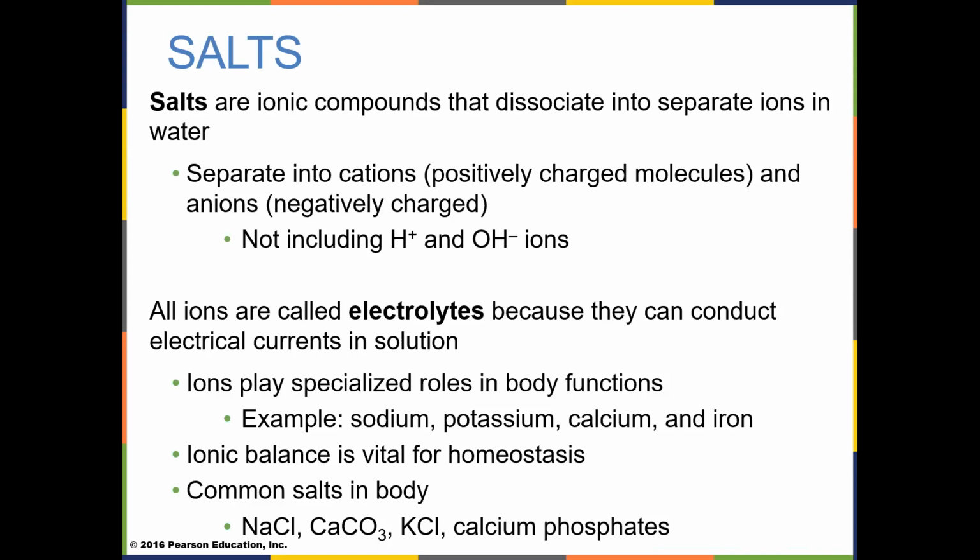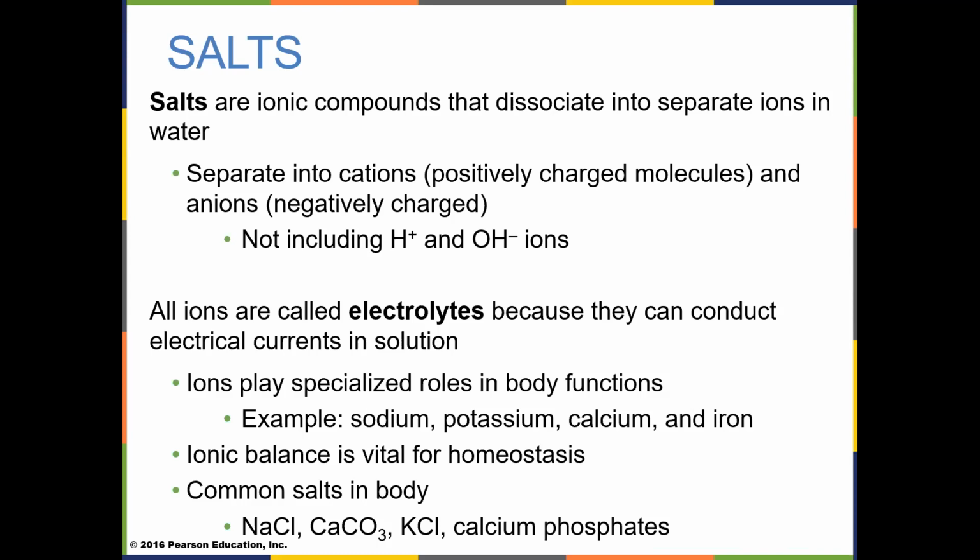Now, the most important ions in our bodies: sodium, potassium, calcium, and iron. We don't think of iron too often as an ion, but an iron ion is what we find in the middle of hemoglobin. Hemoglobin is the protein that carries oxygen.